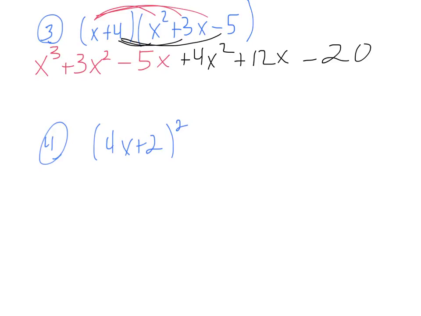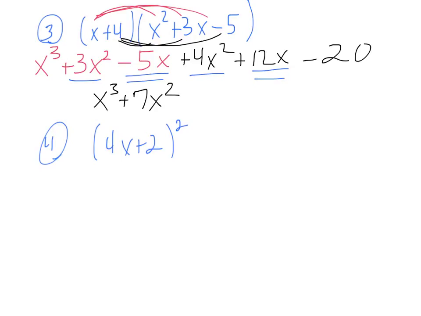Okay, what's next? Like terms, do we have any? Yes, we do. We sure do. I've underlined my like terms, and now let's go ahead and put it all together. x to the third power, there's nothing else that combines with it. 3x squared plus 4x squared make a total of 7x squared.